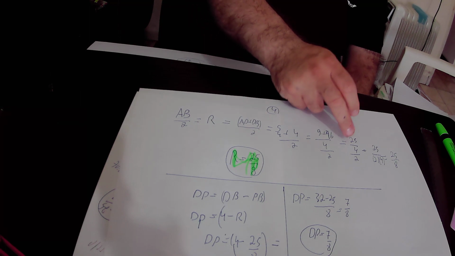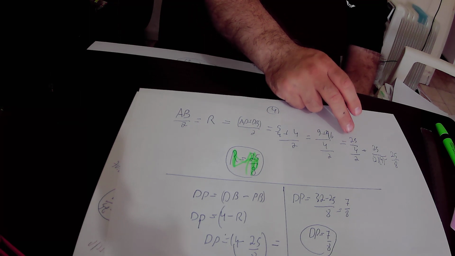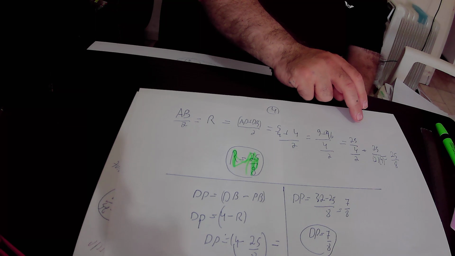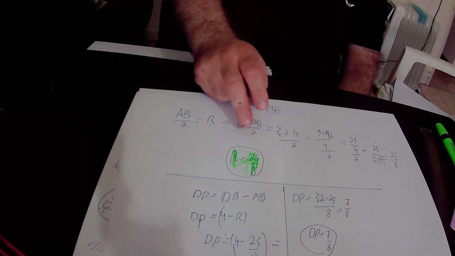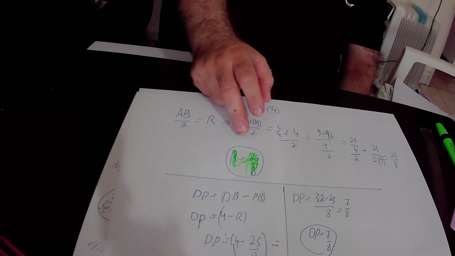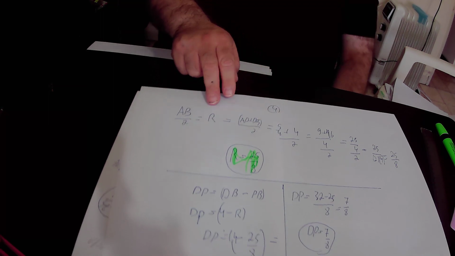So we moved 2 to the denominator and found out that R, the radius of the circle, that is also the radius of the semicircle, equals 25 over 2 times 4. 2 times 4 is 8, so we concluded that the radius of the semicircle and also the radius of the circle itself equals 25 over 8 units.